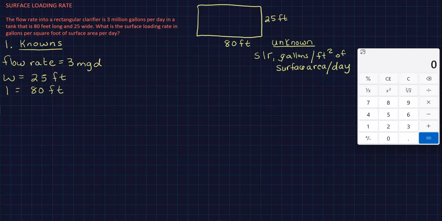So first thing I would do is look at the ABC formula sheet and see if there is a surface loading rate formula. If you look at your ABC formula sheet in alphabetical order, you will notice there is a surface loading rate formula. So there we had step 2. Step 3 is identify your formula.